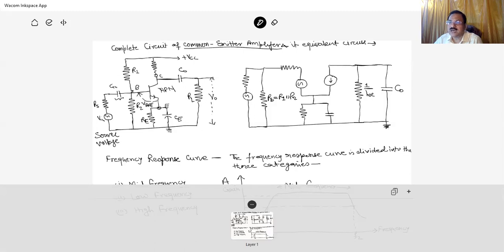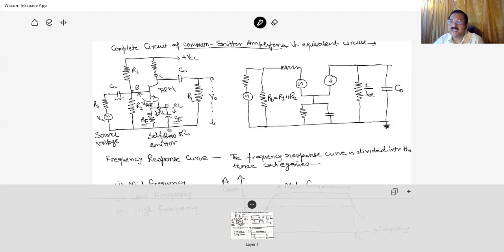And these are RE and CE, the emitter self bias circuit, also called the emitter bias circuit, in order to pass the AC part of the signal and the DC to ground.